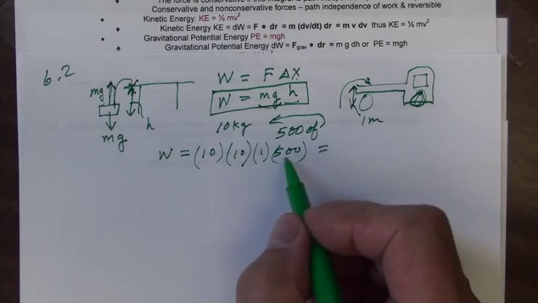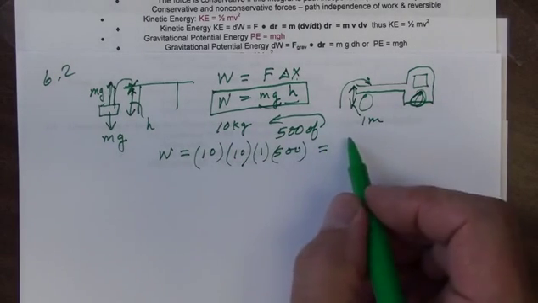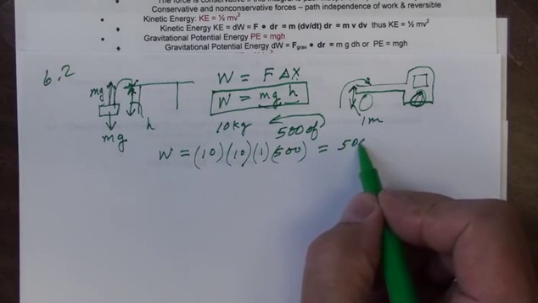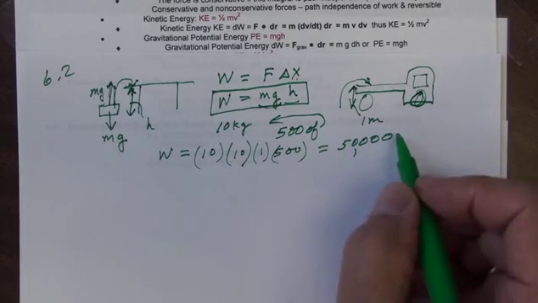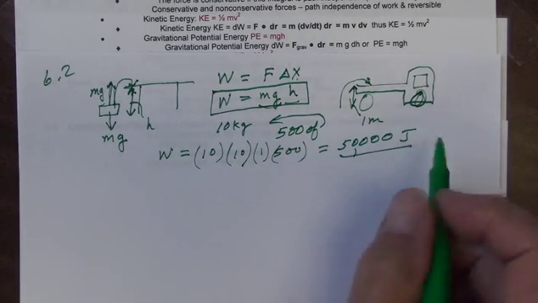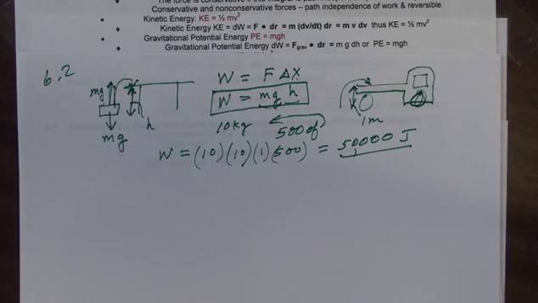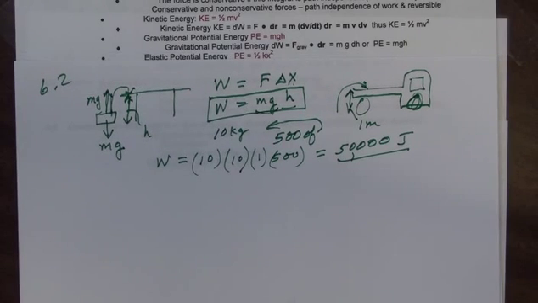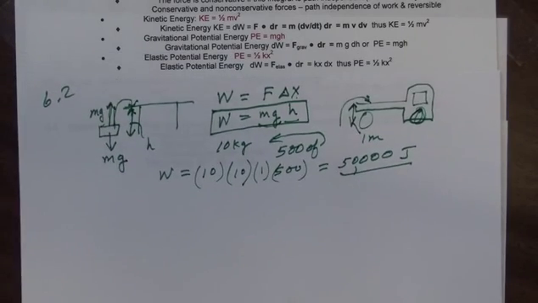Well, that would give us 500 times 10 times 10, or 50,000 joules of energy. And that's how much work we would have to do in order to load that truck. Equivalently, you could look at water that was being pushed up a hill for a nuclear power plant.